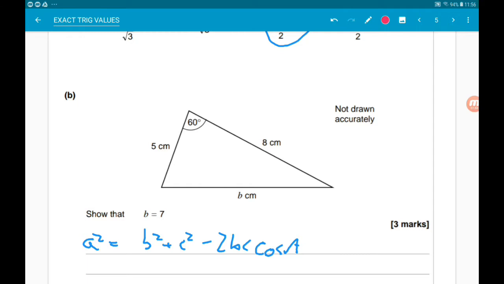So, even though they've called this side B, I'm going to be a rebel and call it A, which you're absolutely fine to do. Now, if that side is A, then the 60-degree angle is angle A. It doesn't matter which of the other two are B and C.